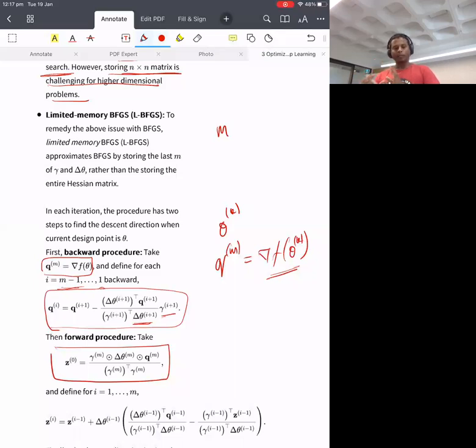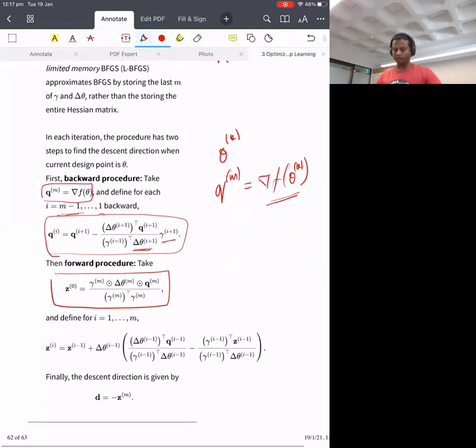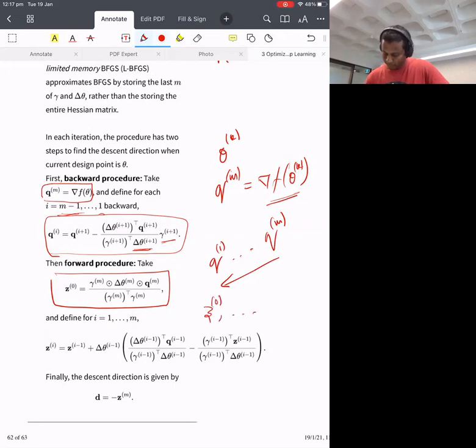The math part is complicated. I'm skipping it intentionally because this course is not meant to cover the math behind it, but the procedure is important to understand. Once you have the backward procedure, you have a sequence q of 1 to q of m. We constructed that in this direction. Now we construct another sequence of vectors z up to m in this direction, constructed by initiating z0 to be this and updating.